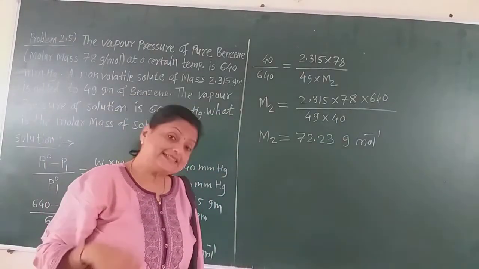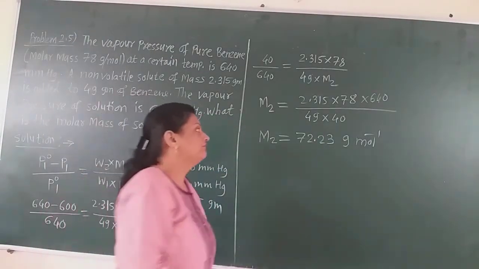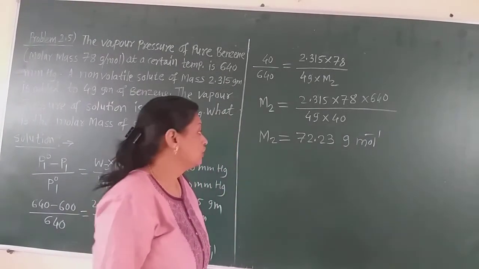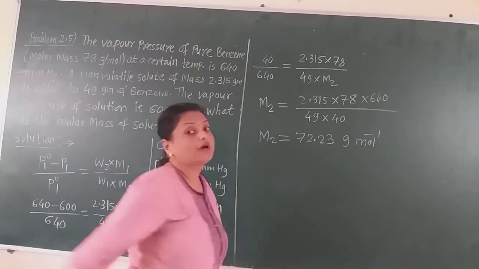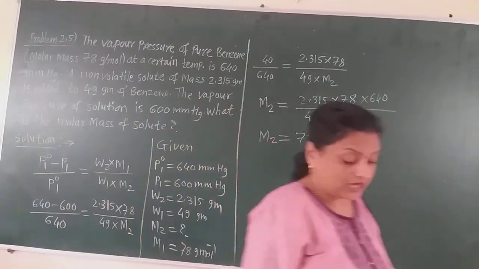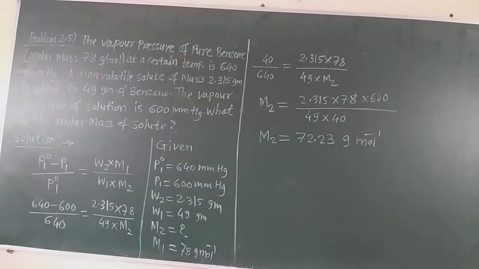Then see the antilog, and the value will be 72.23 gram per mole. So M2, the molar mass of the solute, is 72.23 gram per mole. In this way, students, we can solve any problem based on the lowering of vapor pressure and molar mass of the solute.